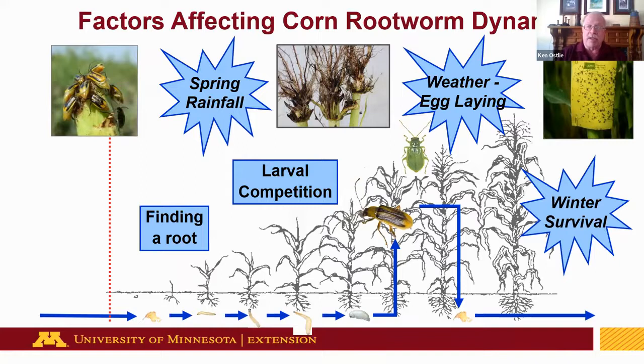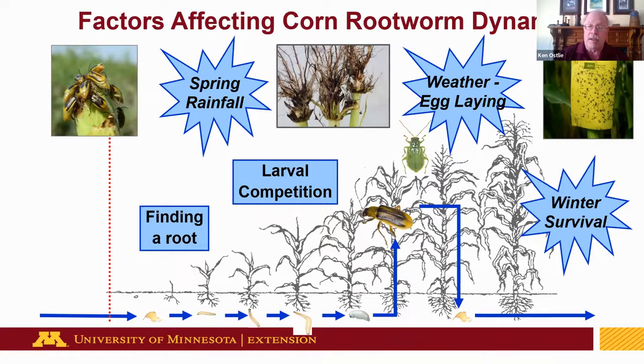We didn't have significant inundative spring rainfall to reduce numbers colonizing root systems. Larval competition is a smaller set of mortalities. In the big scheme of things, larval competition is really not going to tremendously affect the level of injury, because by that point there's more than enough larvae to cause problems.